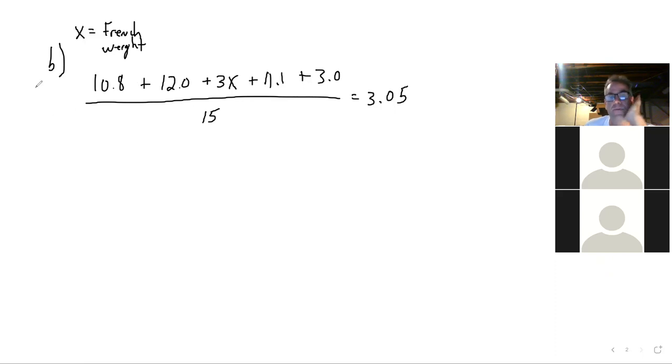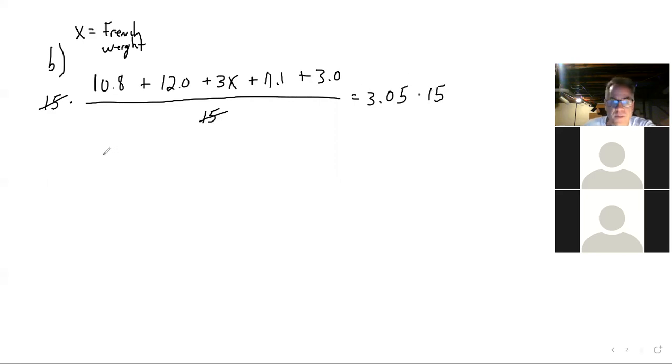So what I'm going to do is I'm allowed with any equation to multiply both sides by the same thing. So I'm choosing 15. As long as I multiply both sides by the same number, I have what's called an equivalent equation. It'll have the same solution. Now, I'm doing this because on the left side, the 15s cancel. And then I just need to go 3.05 times 15.